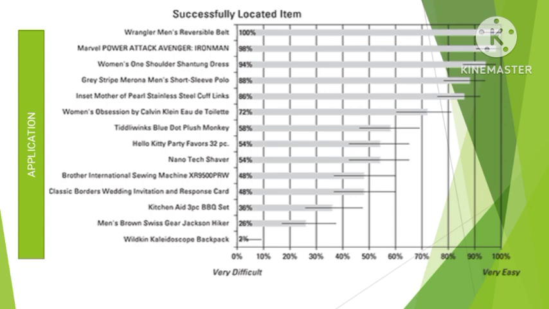And also we have our difficult items to find. First is the Wild Kind kaleidoscope backpack. This item is so difficult to find. Our customers definitely cannot find the item easily. The second is the men's brown Switchback Jackson hiker, with a rate of 26%.